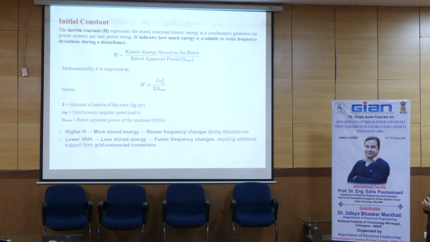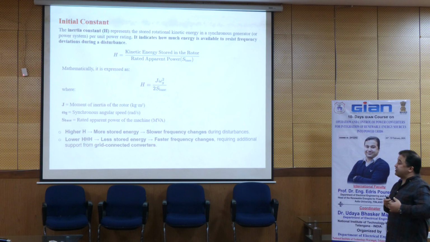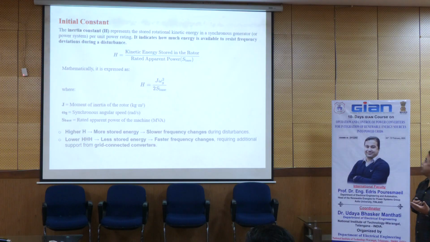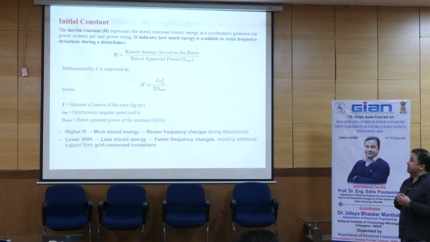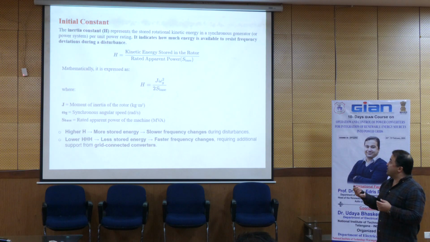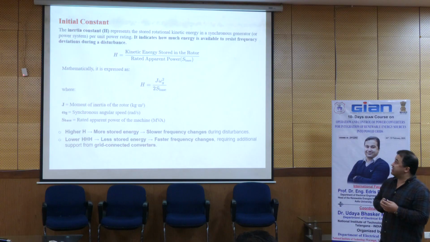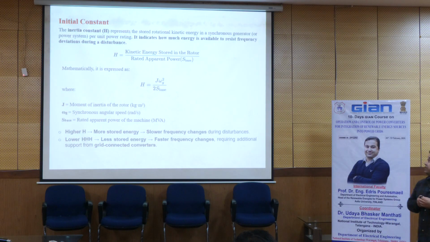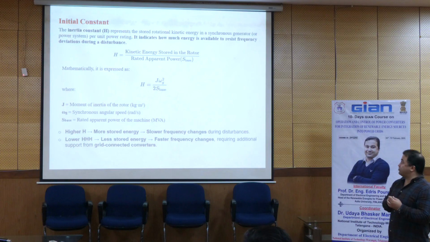It indicates how much energy is available to resist frequency changes during a disturbance. So H is the kinetic energy stored in a rotor over the maximum power of the generator.